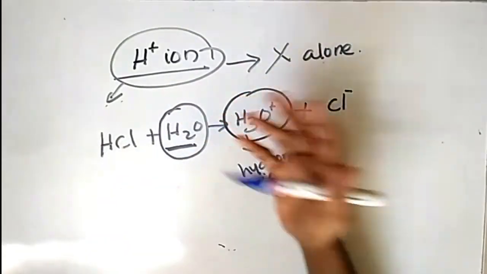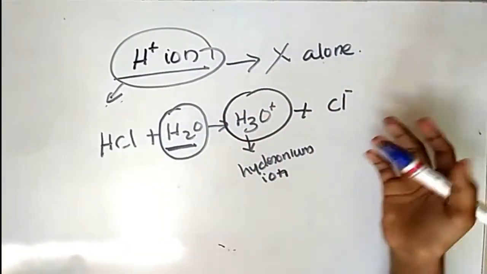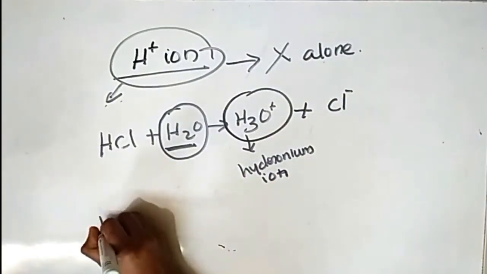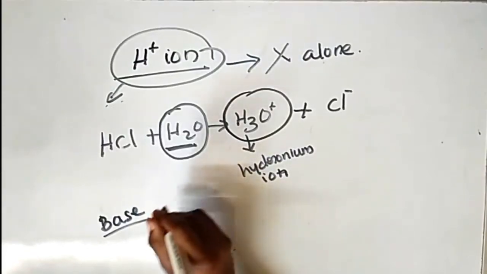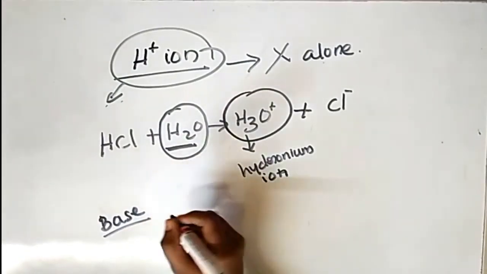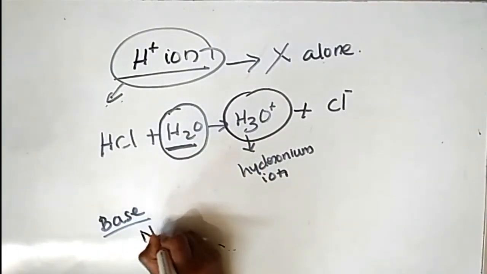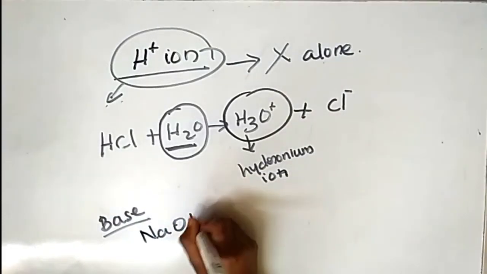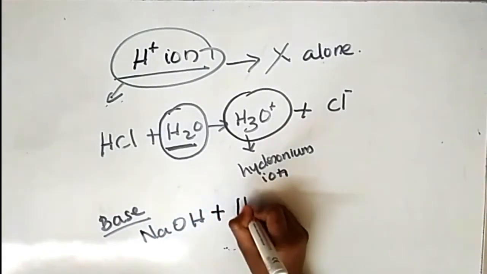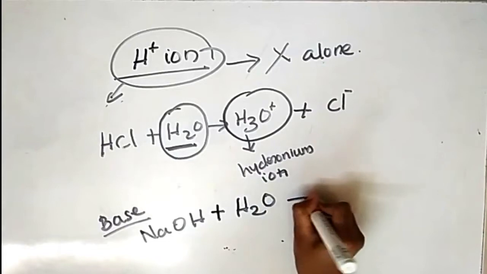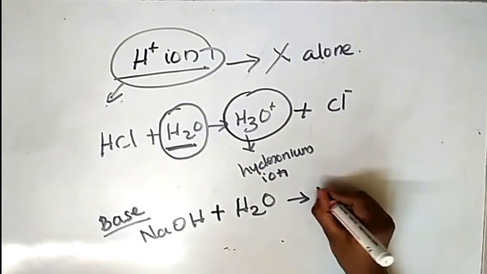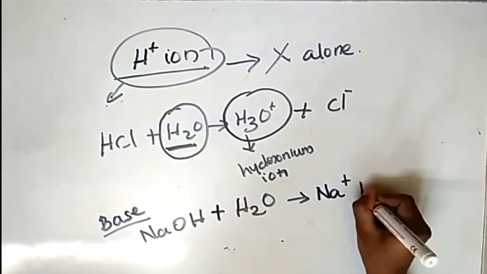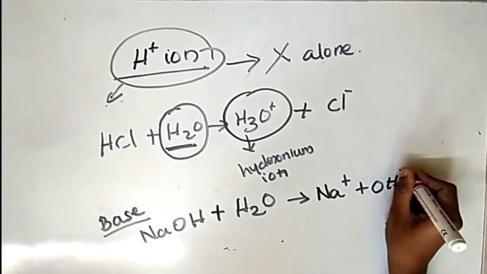So here we studied about the acid. Next we will check what happens when bases dissolve in water. We can take a base like NaOH. When NaOH is dissolved in water, H2O, the base also liberates what? OH minus ion. So Na plus and OH minus ions are formed.